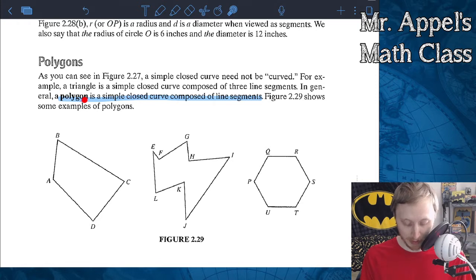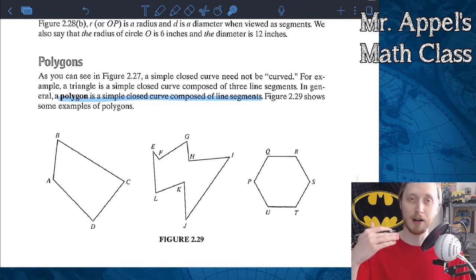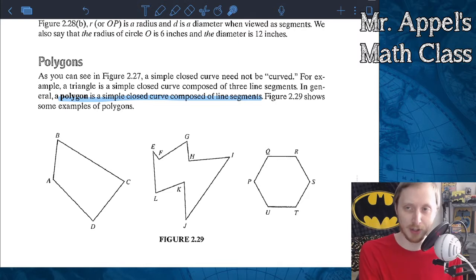So now you kind of see, this is a great example of the axiomatic system at work. Our definition of polygon now is so much shorter and simpler because we've already defined what a simple closed curve is. We've established one category, and now this is a special case of that category. So each subsequent definition builds off of the prior definitions.